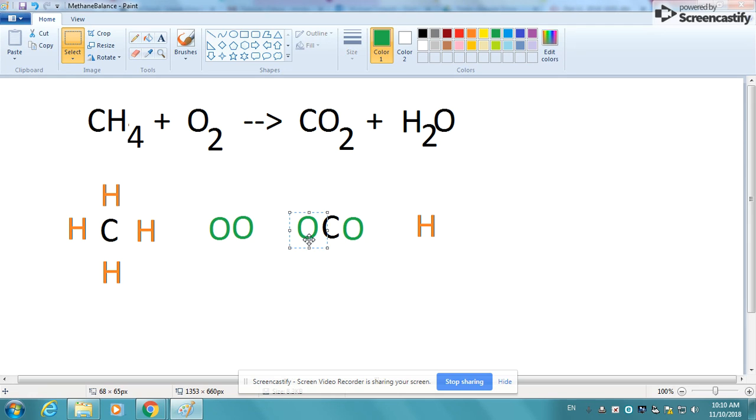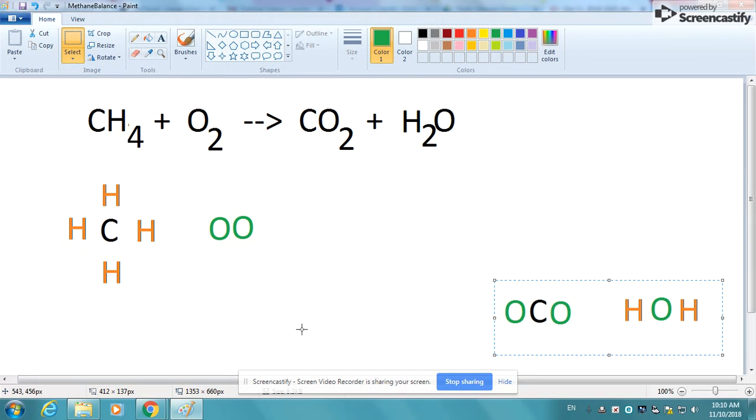And there are going to be 2 hydrogens bonded to an oxygen over here. So this is our finished side. I'm going to move these out of the way, and we're going to focus on making a football playlist.